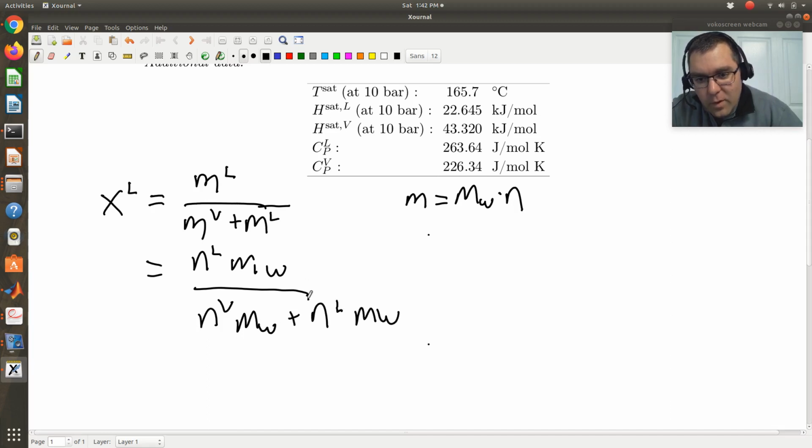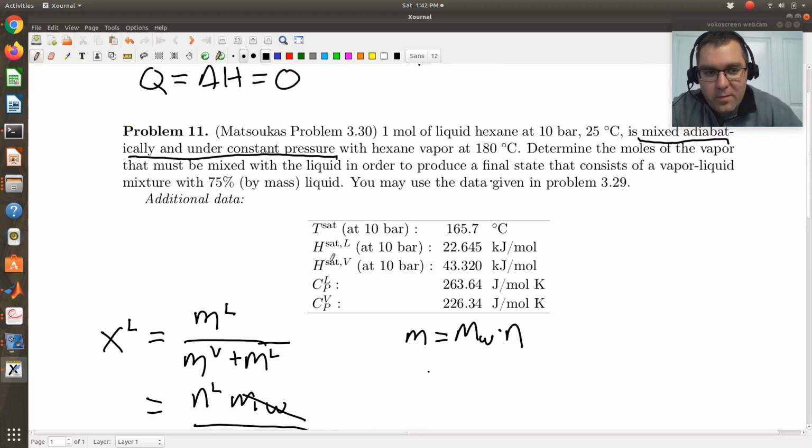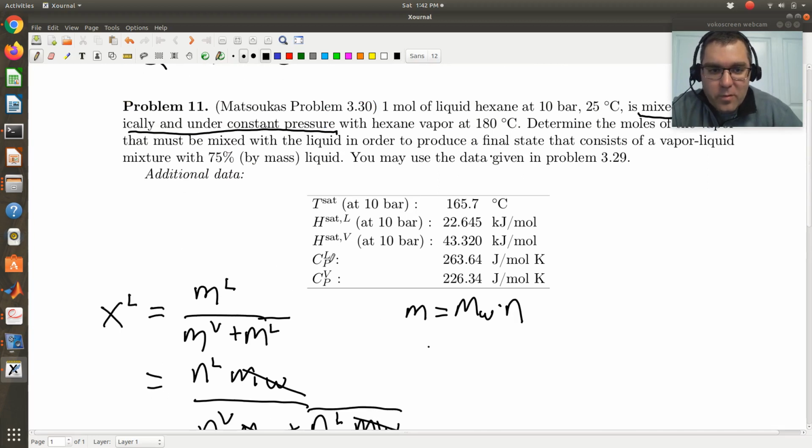So whether you're on a molar basis or mass basis, it's exactly the same. So we won't worry about the fact that it says mass. We can take it to be moles.